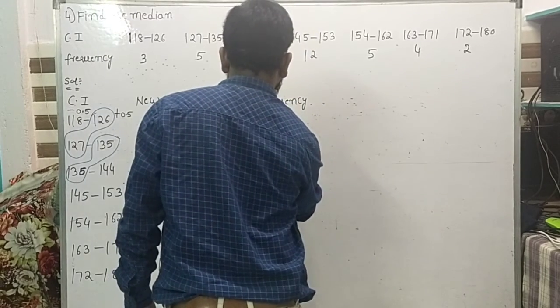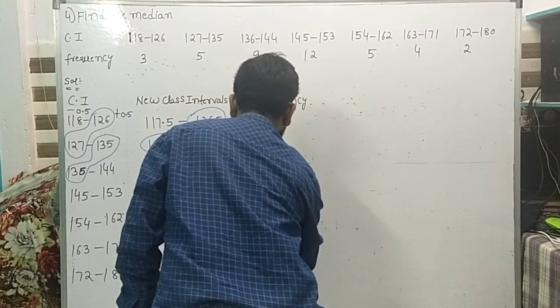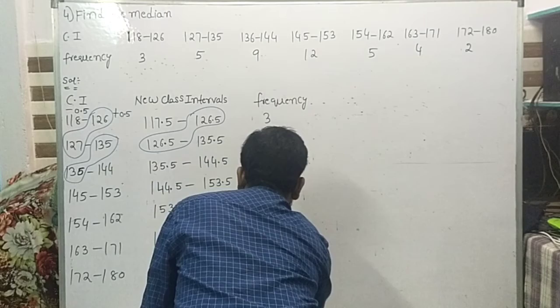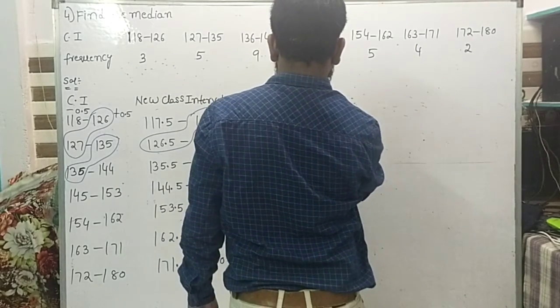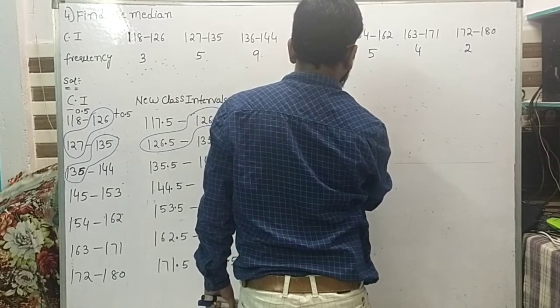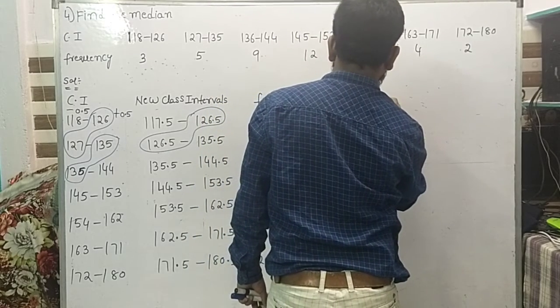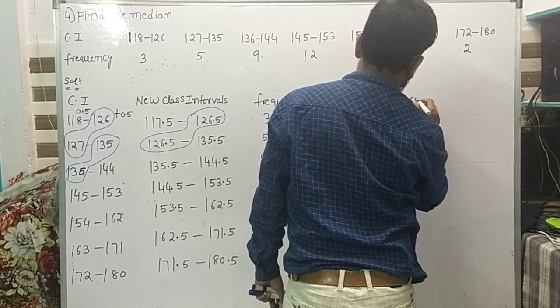Frequency is 3, 5, 9, 12, 5, 4, 2. Next, cumulative frequency.